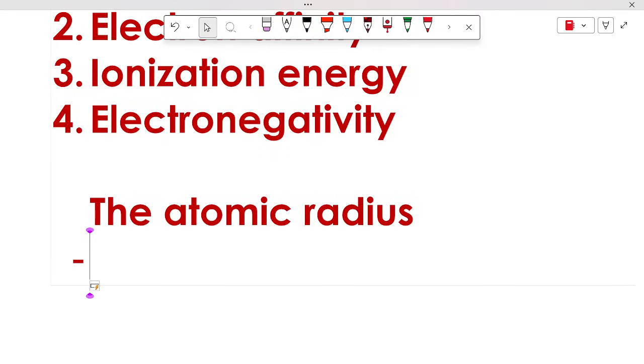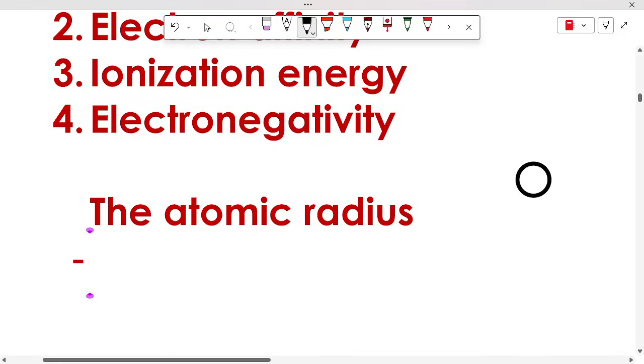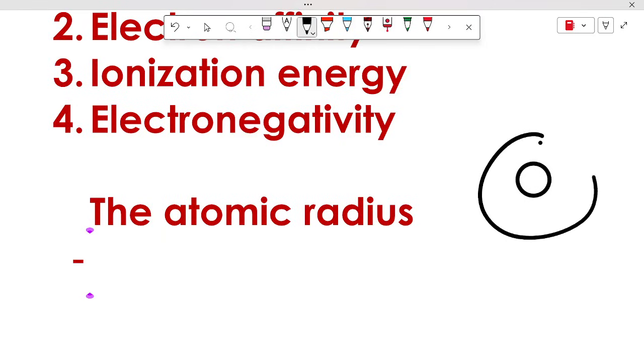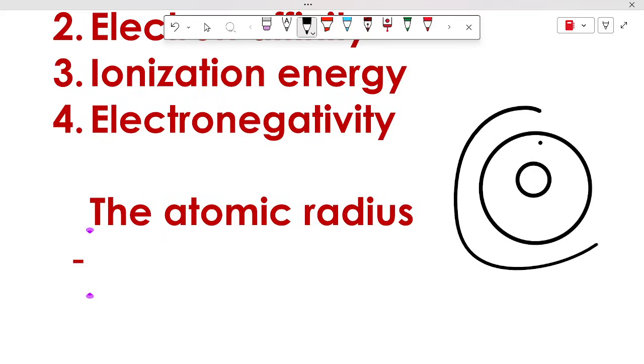If you remember, yesterday we were drawing some structures. We draw the nucleus, and then you also draw another shell.